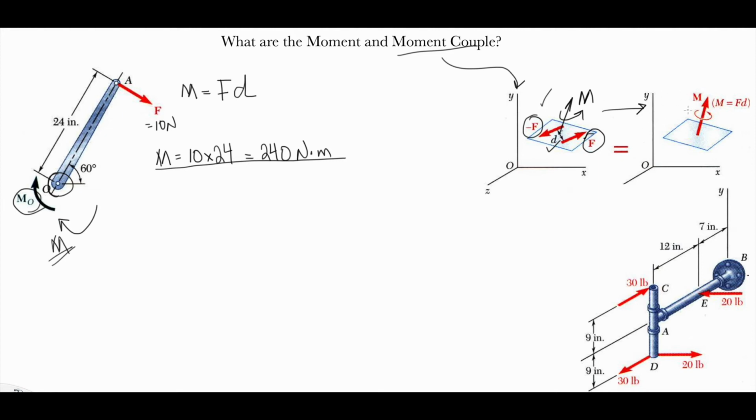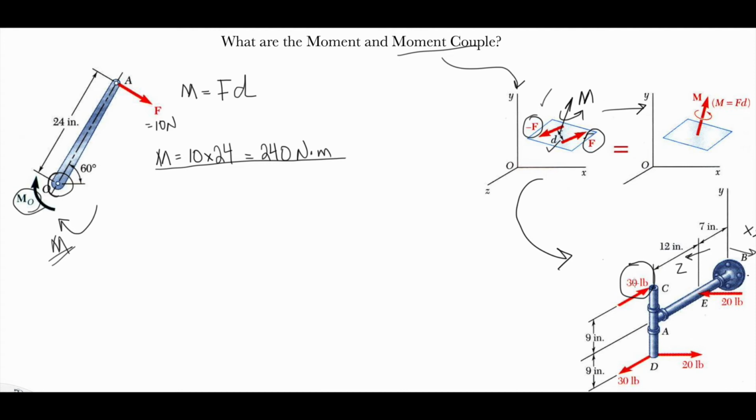Of course, this is essential in designing beams or analyzing forces. For example, if you're looking at this diagram here, this 30 pound force is going in the Z direction. If this is Y, then this is X in this direction, and Z is in this direction.